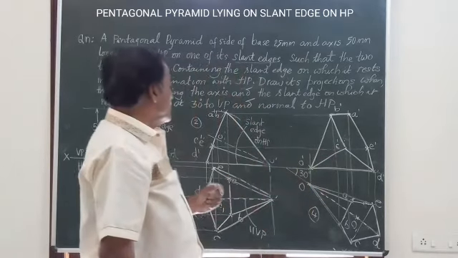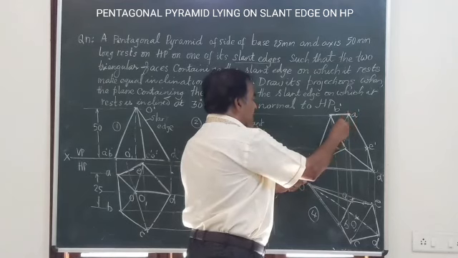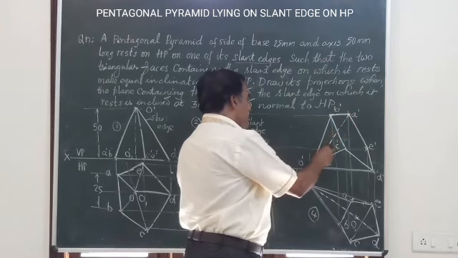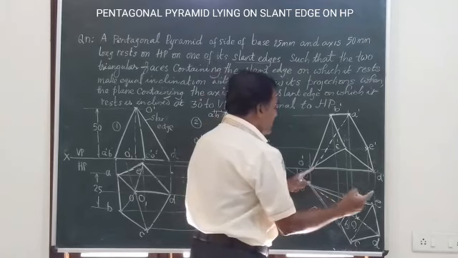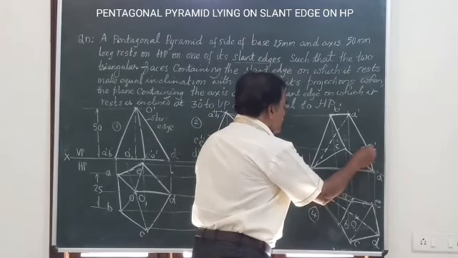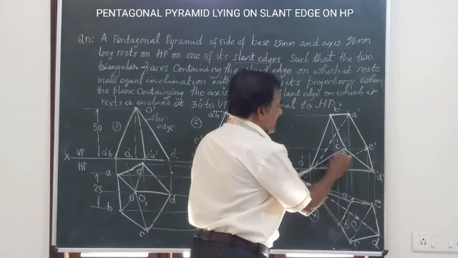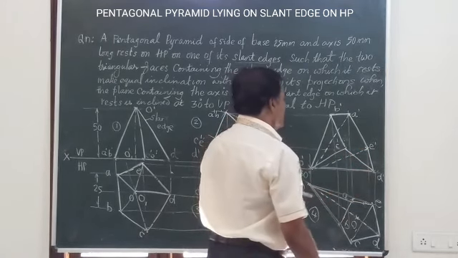Friends, when you just join O dash E dash, it is intersecting this line C dash B dash. Hence the slant edge has to be shown by an invisible line, a dotted line. Likewise, when you are joining O dash and A dash, it is again going to be a dotted line because it is intersecting the line D dash C dash.